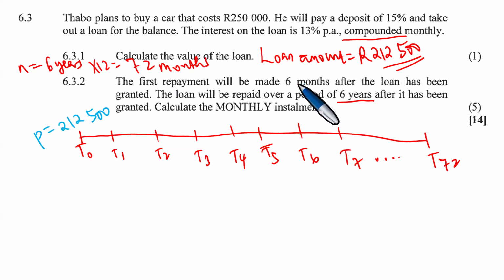The first payment will be made 6 months after the loan is granted. So 1, 2, 3, 4, 5, 6. Then the first payment is going to be made. And then the loan will be repaid over a period of 6 years after it has been granted. Calculate the monthly installment.